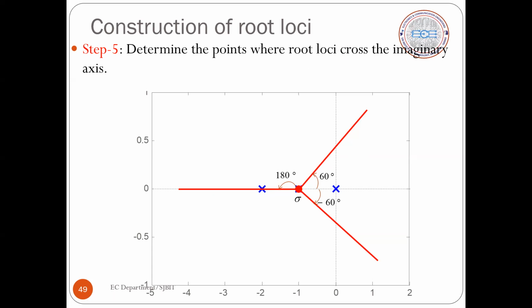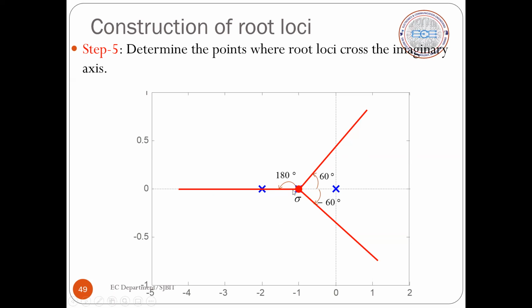Fourth, breakaway point and break-in point, if they exist, we calculated. And the 5th step is determination of the point on the imaginary axis, that is, whether the root locus crosses or intersects the imaginary axis or not, we have to calculate.